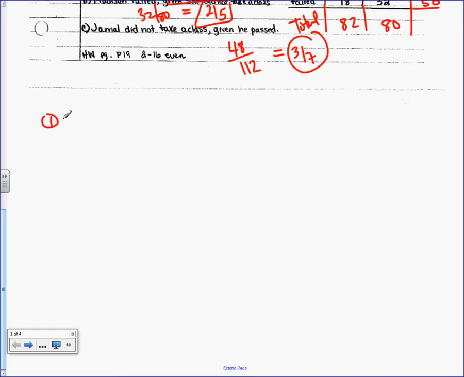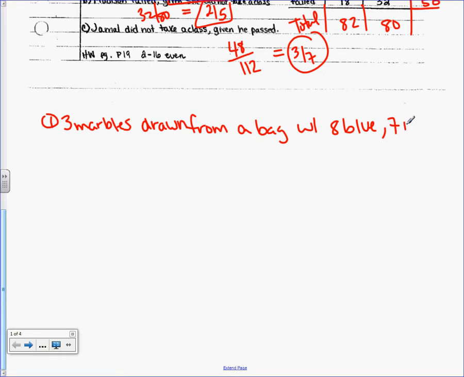Example 1, whatever. 3 marbles drawn from a bag. Is it the same question we just had? I don't know. Drawn from a bag with 8 blue, 7 red, and 5 green without replacement.